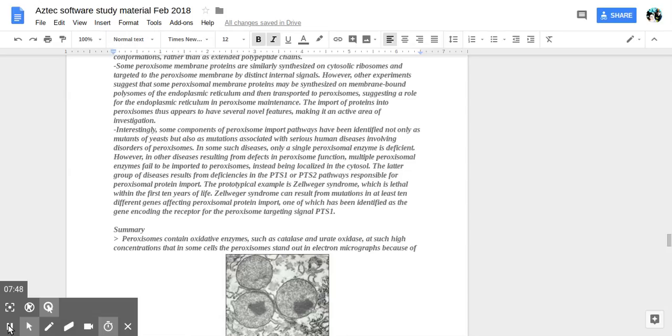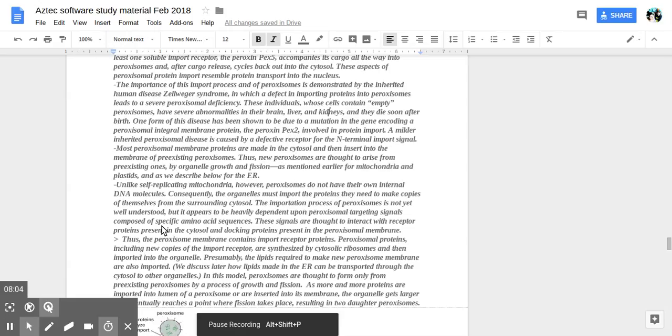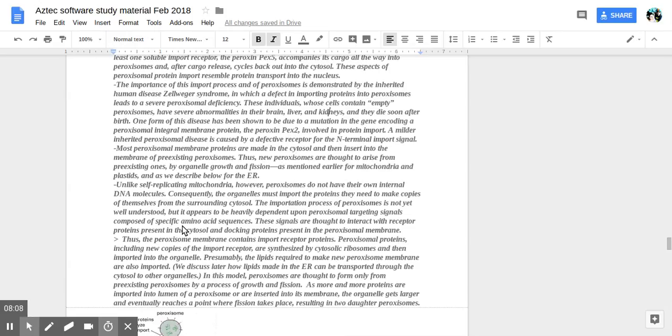So the endoplasmic reticulum also has a role in peroxisome maintenance. The proteins are in these different ways transported or imported to the peroxisomes, where they function in various ways. Unlike self-replicating mitochondria, however, peroxisomes do not have their own internal DNA molecules. Consequently, the organelles must import the proteins they need to make copies of themselves from the surrounding cytosol.